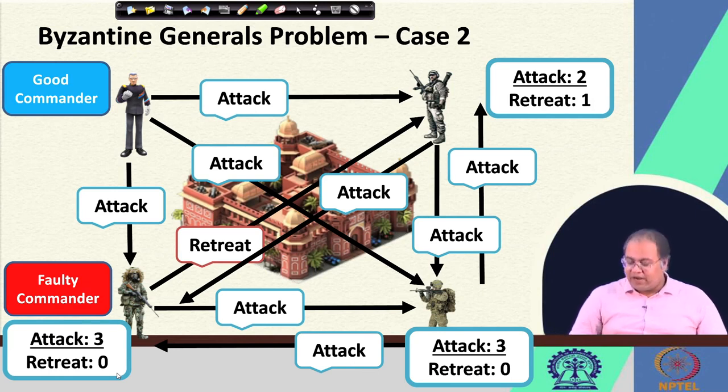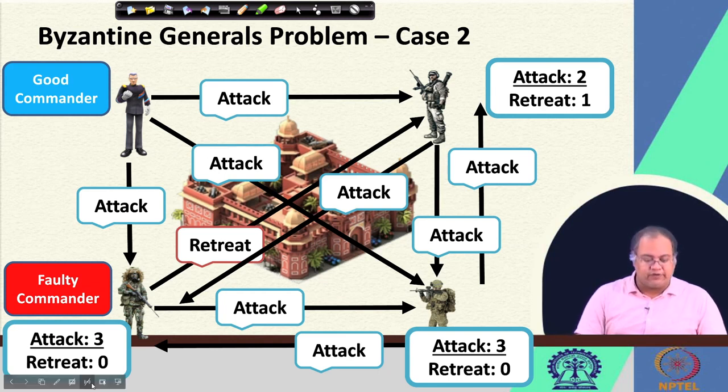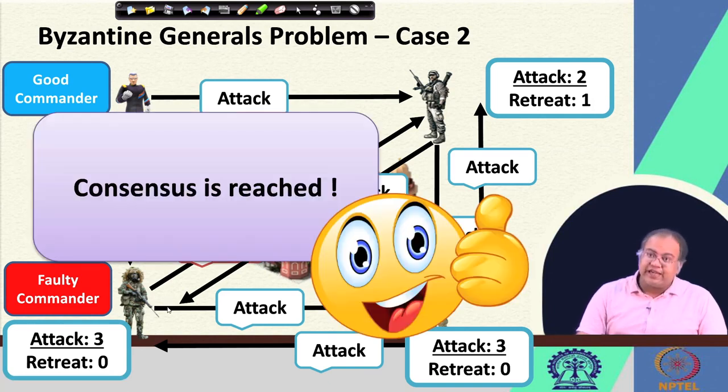And whenever we have been able to reach a consensus in the presence of BFT, you can also say that we can detect that a certain kind of Byzantine behavior has happened in the scenario. So, in this case also, we can reach consensus.